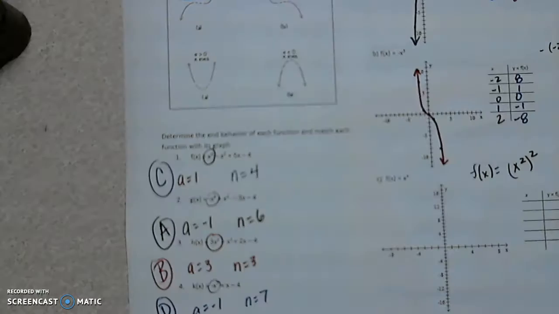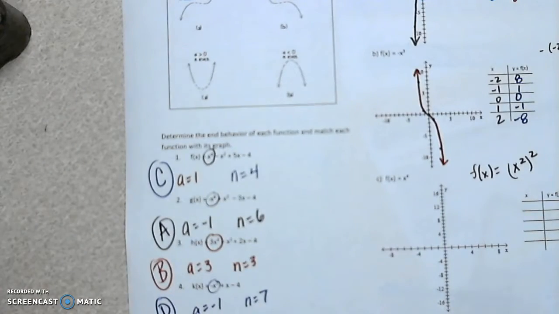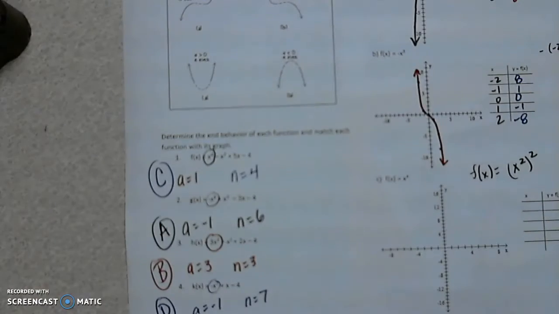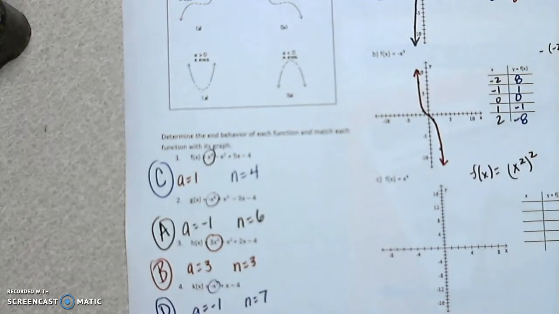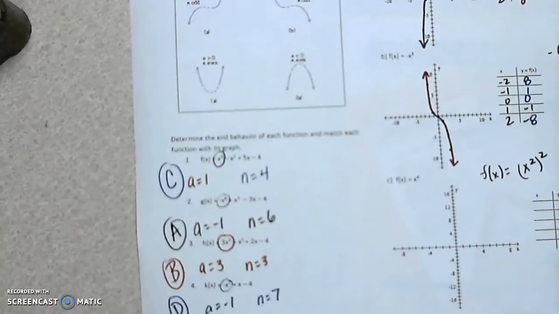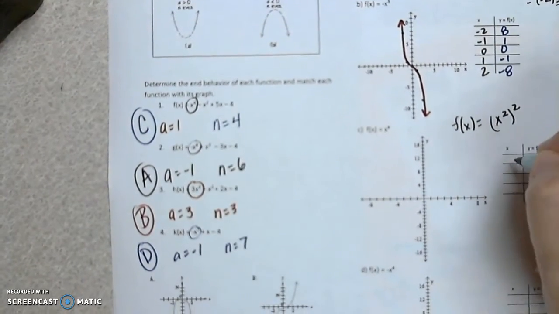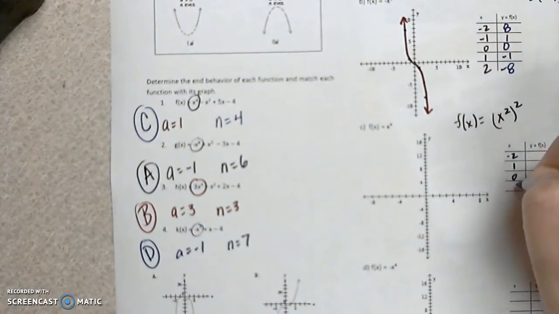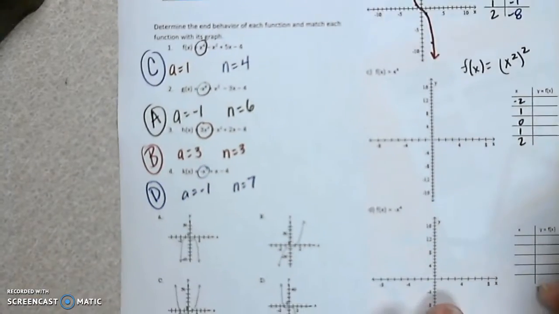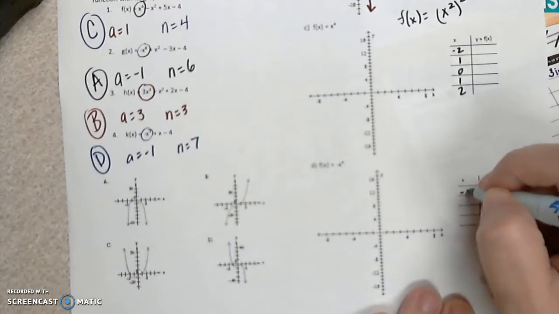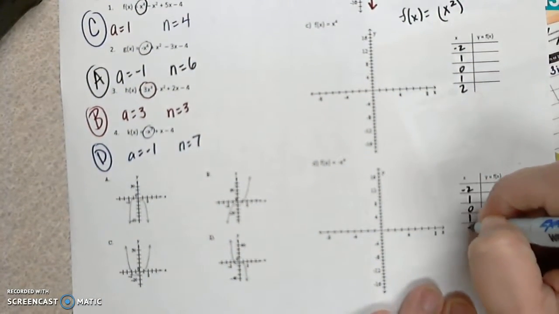It might be squished up or spread out more. But if we think about the leading coefficient and its exponent, we should be able to know the end behavior of our graph. I'm going to pick those same values, -2, -1, 0, 1, 2. I'm going to come down here and do the same thing.